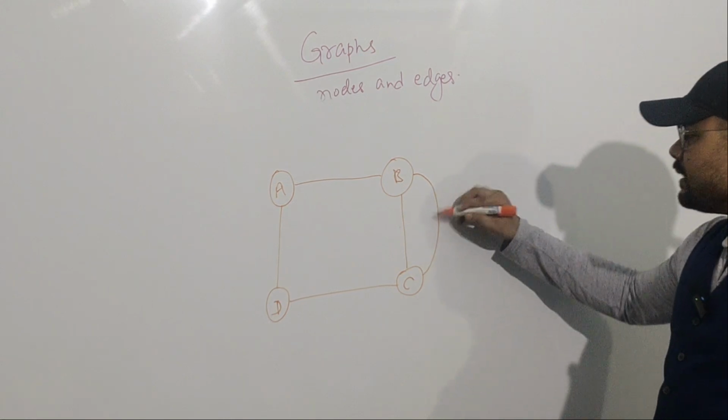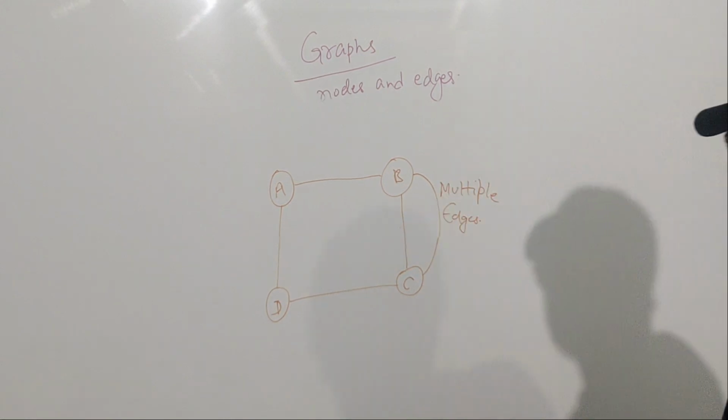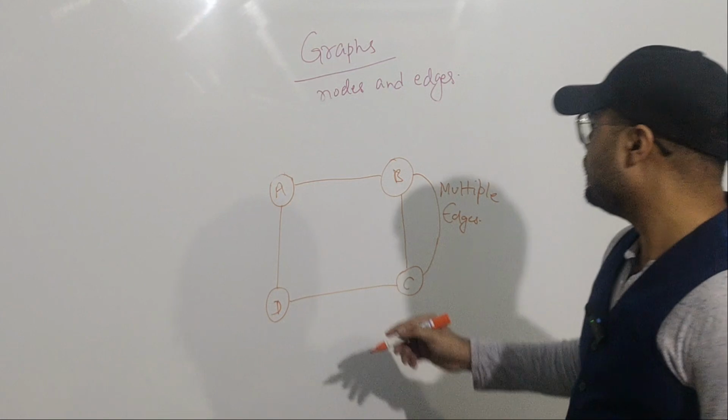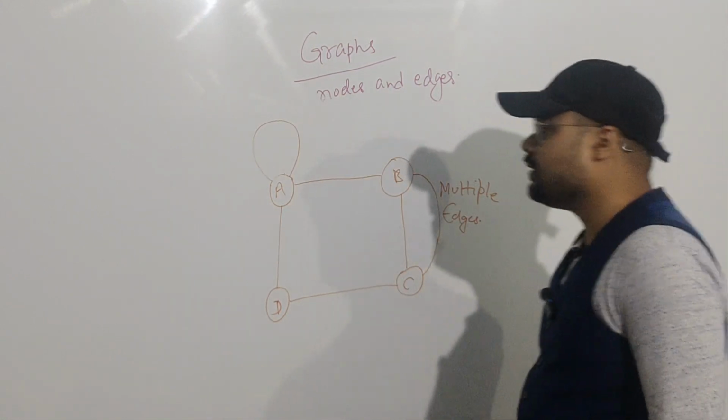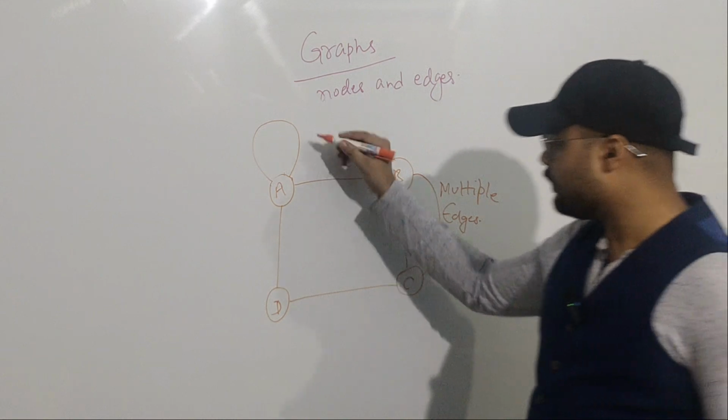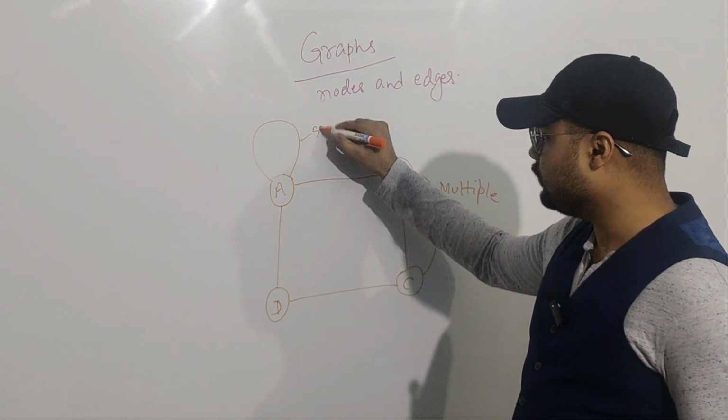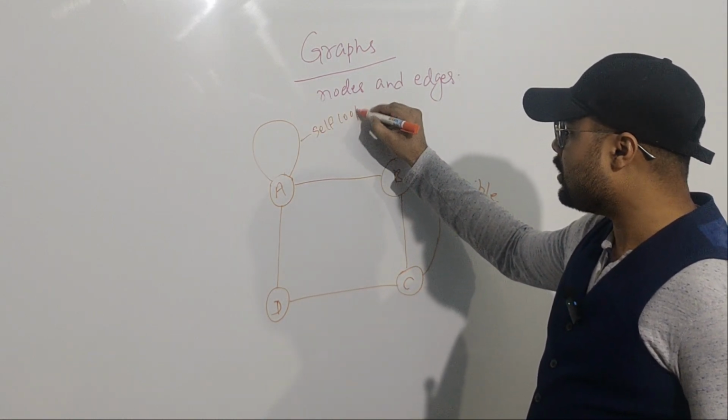So this is called multiple edges between two vertices. And it may also happen that you have an edge on the same vertex. Okay, and this type of edge is called a self loop, or simply loop.